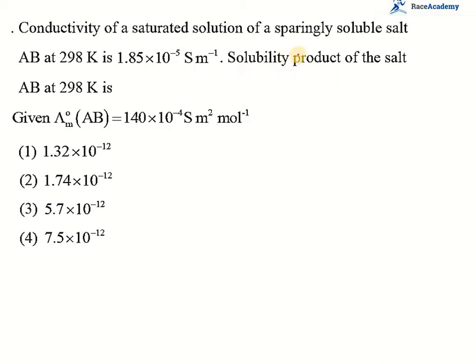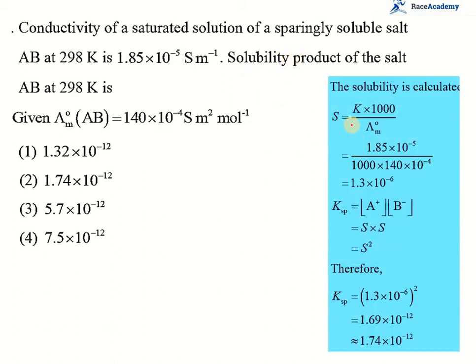The solubility is equal to K into 1000 by lambda m0. Assuming it is molarity, and K and lambda m0 substituted in this expression, we got 1.3 into 10 to the power of minus 6 as the solubility.